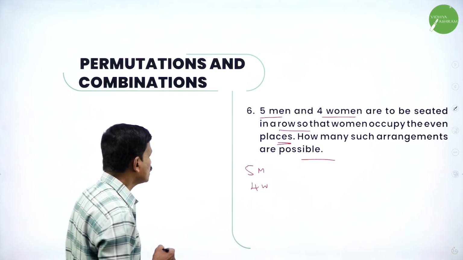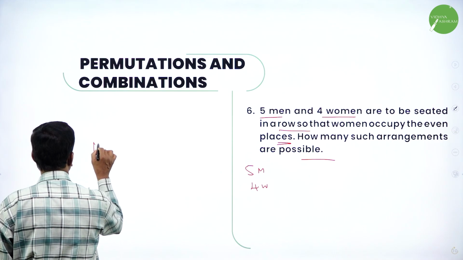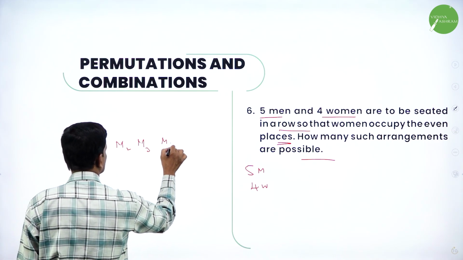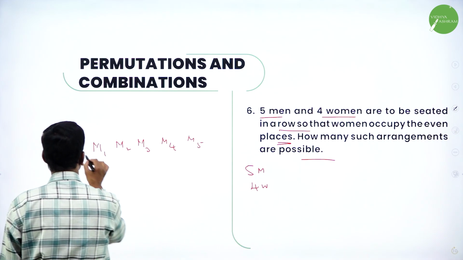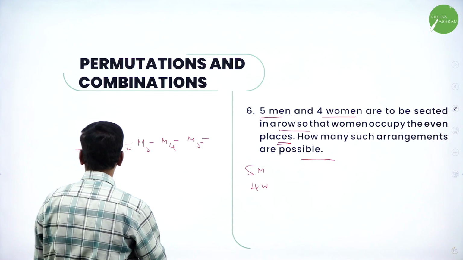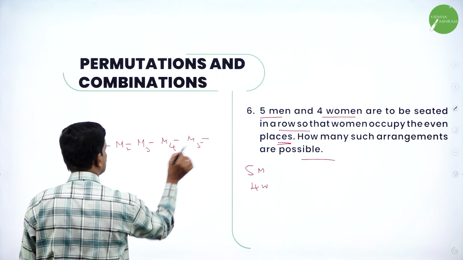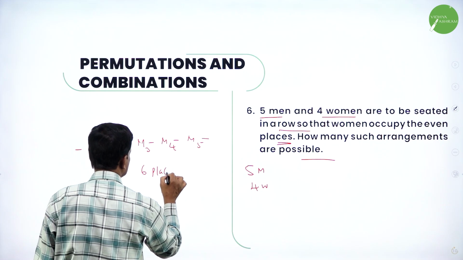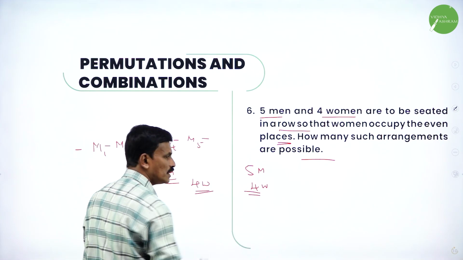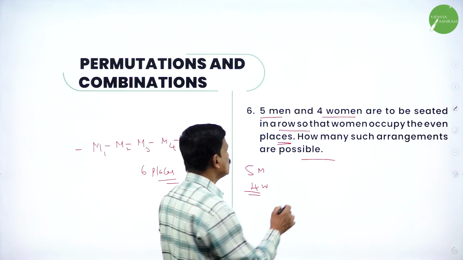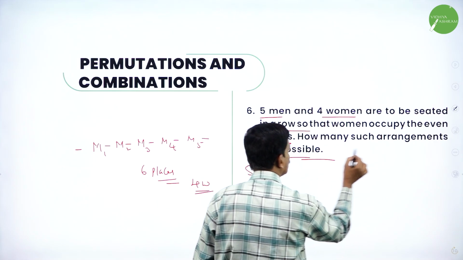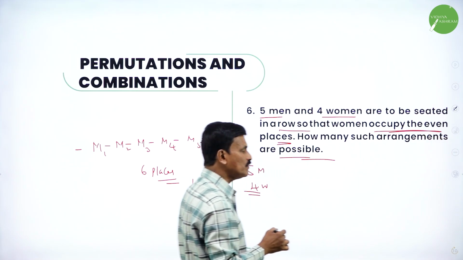Now, how many men are there? There are 5 men. The men can be arranged like this: M1, M2, M3, M4, M5. So in these 6 places, we are going to arrange 4 women. How many such arrangements are possible occupying only the even places?